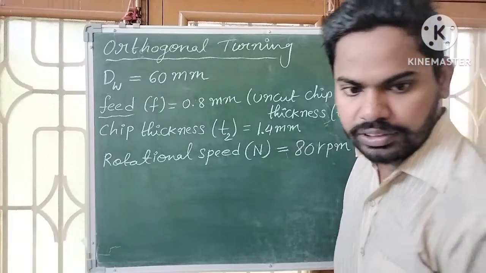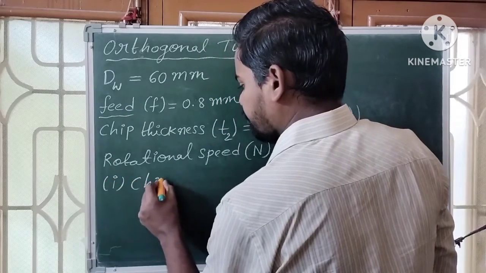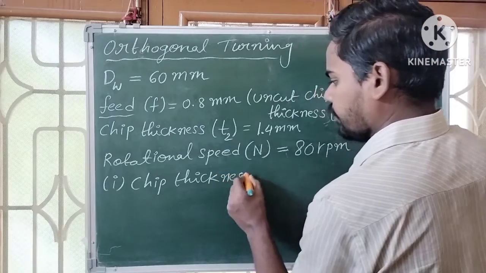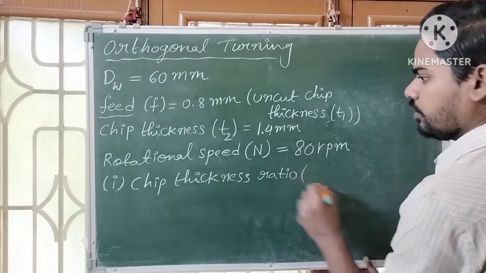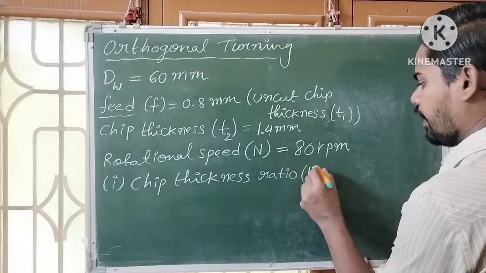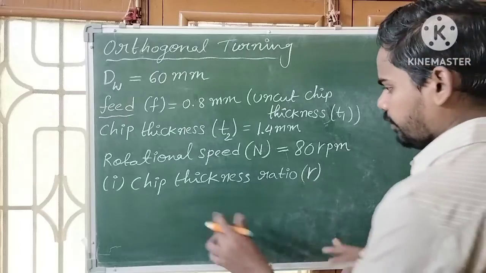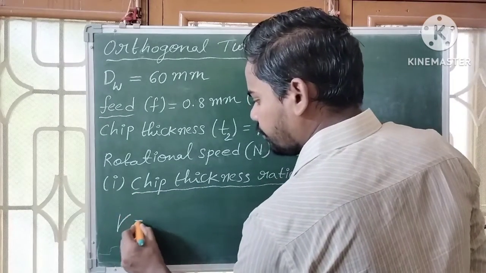Calculate, first question, the chip thickness ratio. So first we need the chip thickness ratio, denoted by R. What is the formula for R, the chip thickness ratio?